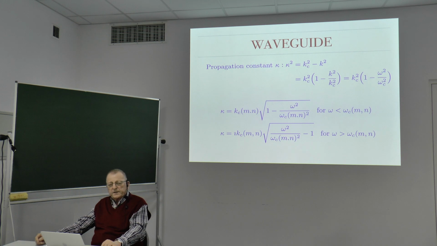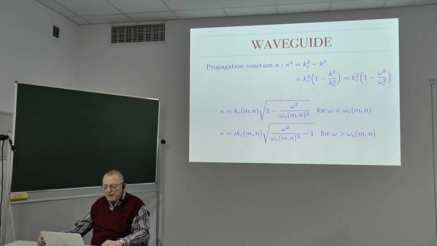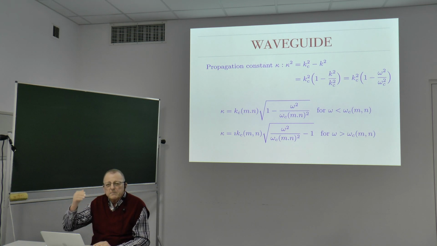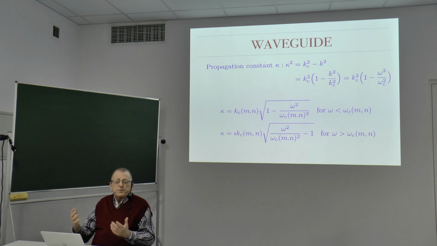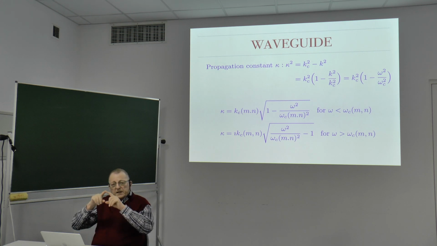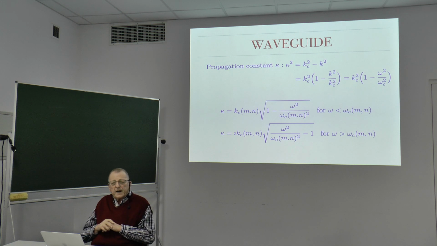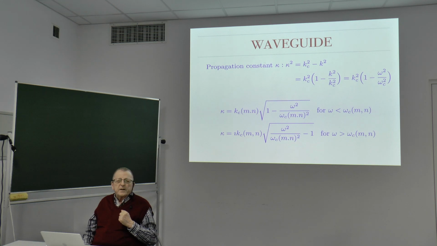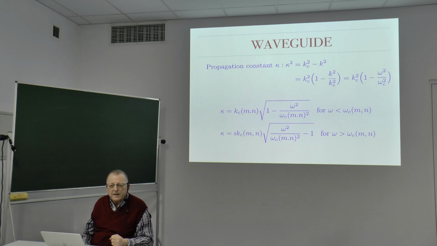It's not propagating along this direction. But if the frequency is larger than this band frequency, then kappa is purely imaginary, and we have a wave. So in this kind of waveguide, there are waves propagating along this direction at sufficiently high frequency.